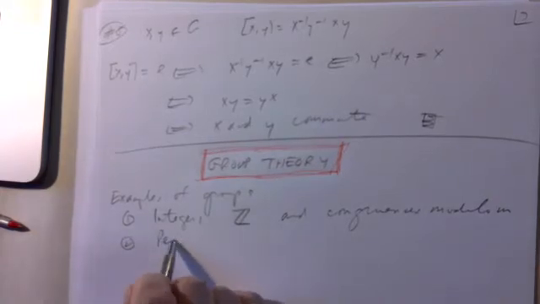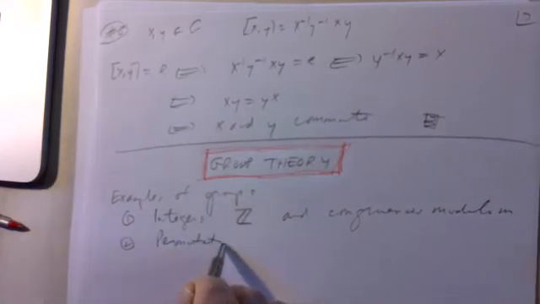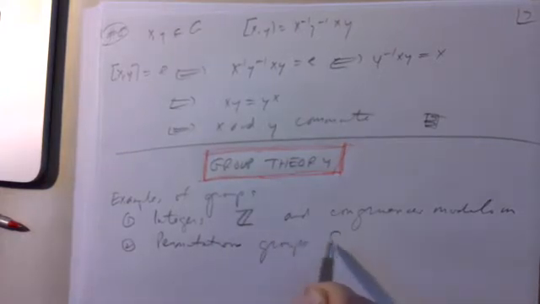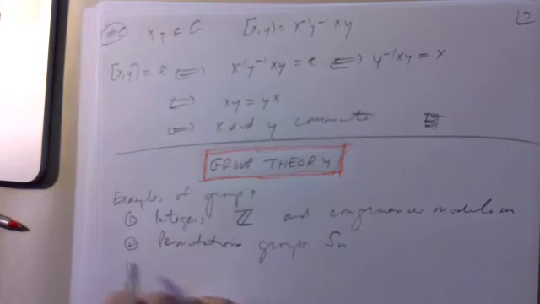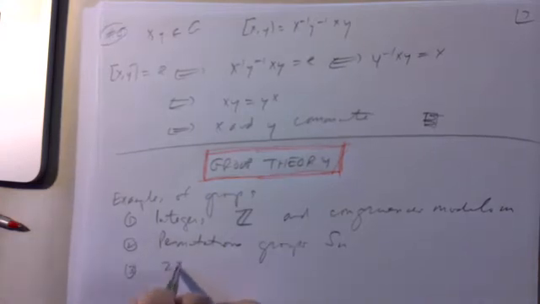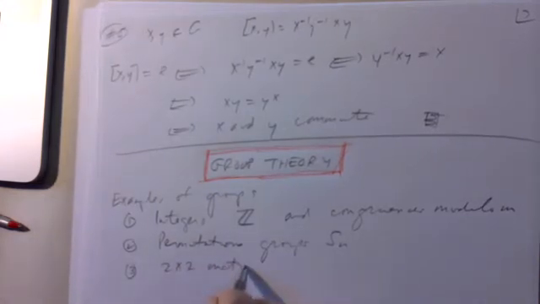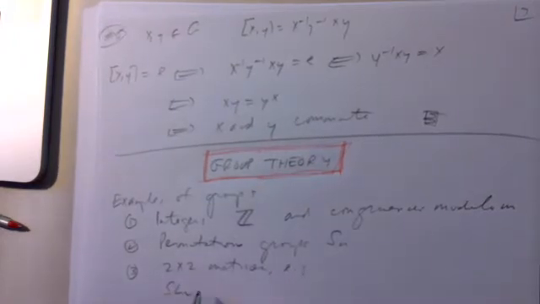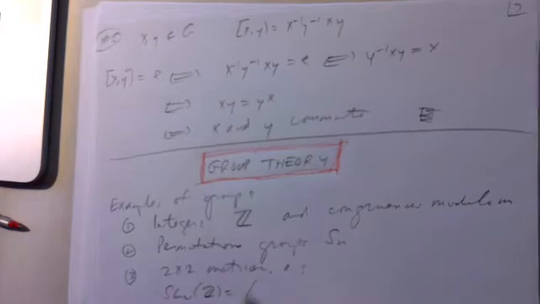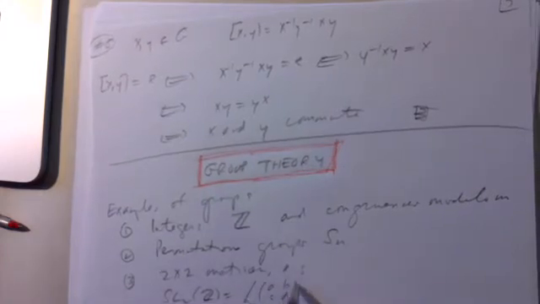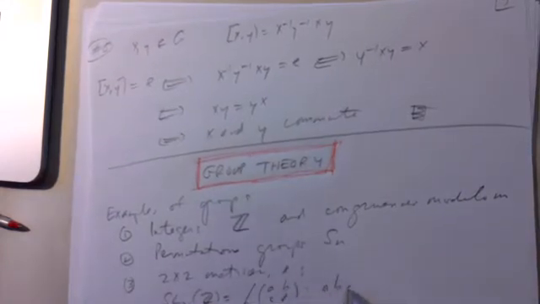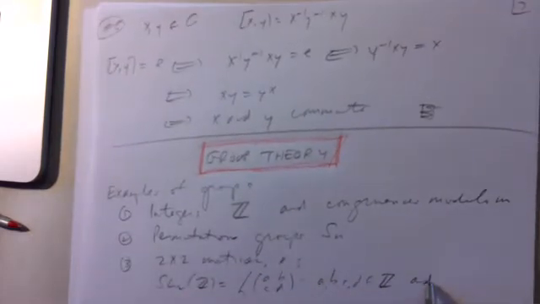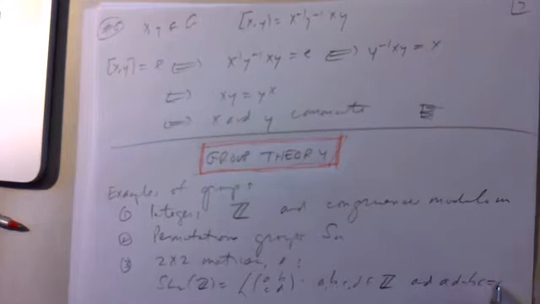We looked at permutation groups, Sn, and we looked at the group of 2x2 matrices. For example, SL2Z, which is all the matrices [A, B; C, D], where A, B, C, and D are integers, and the determinant AD minus BC is 1.